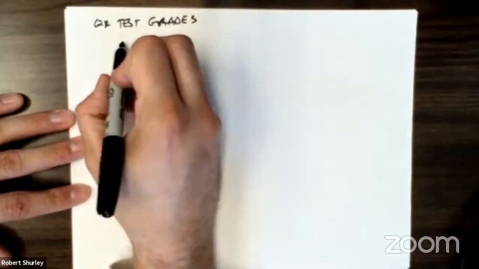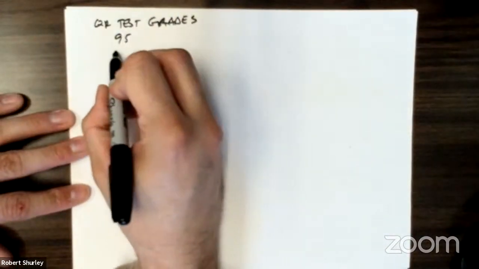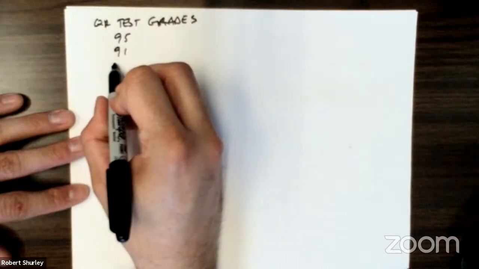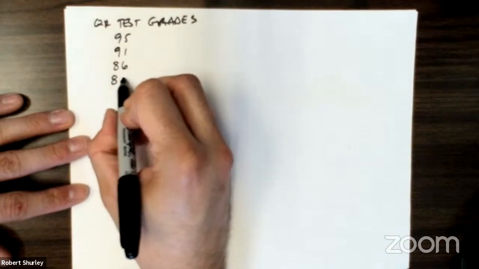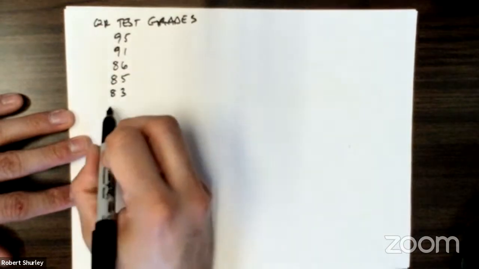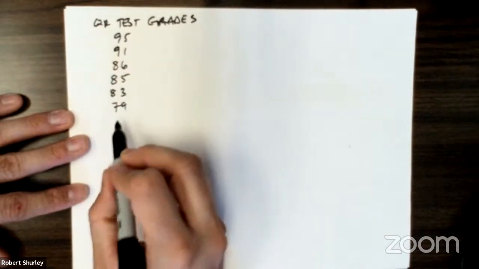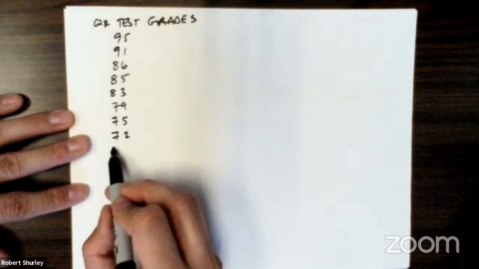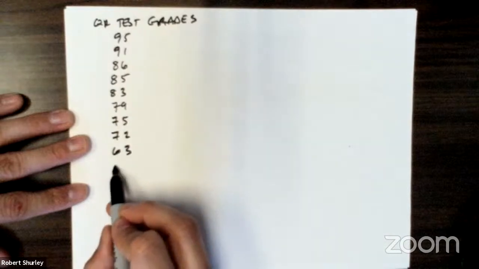Focus is kind of bad. So let's say I had someone make a 95, a 91, an 86, an 85, an 83, then a 79, 75, 72, 63, and then a 54. Why not?